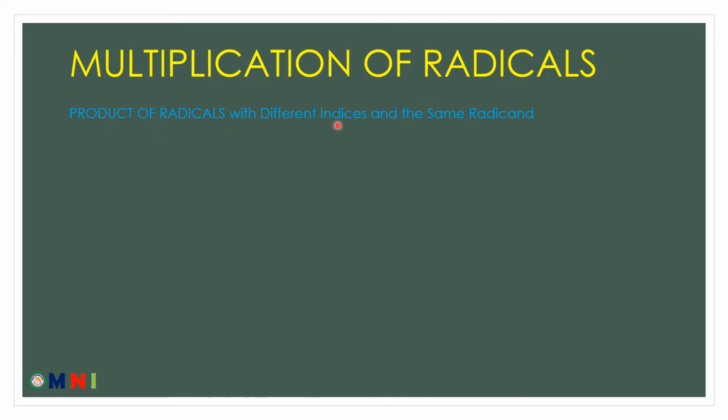First is the product of radicals with different indices and the same radicand. These are the suggested steps on how we can get the product.